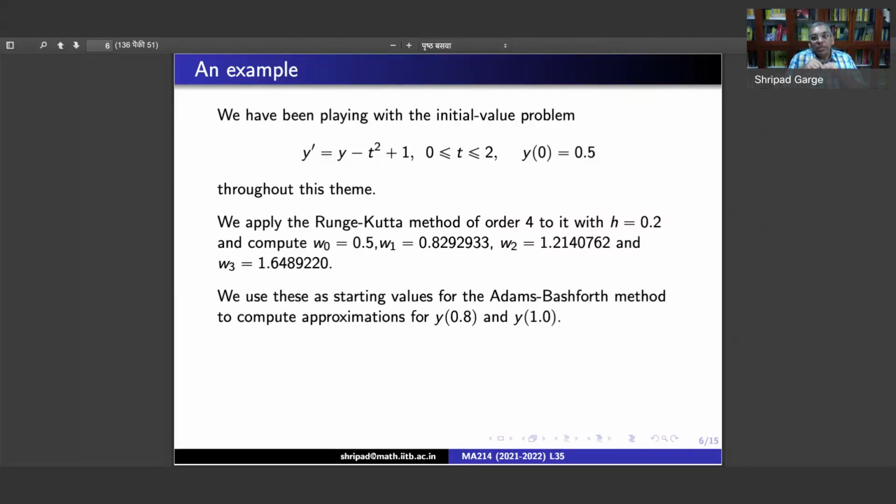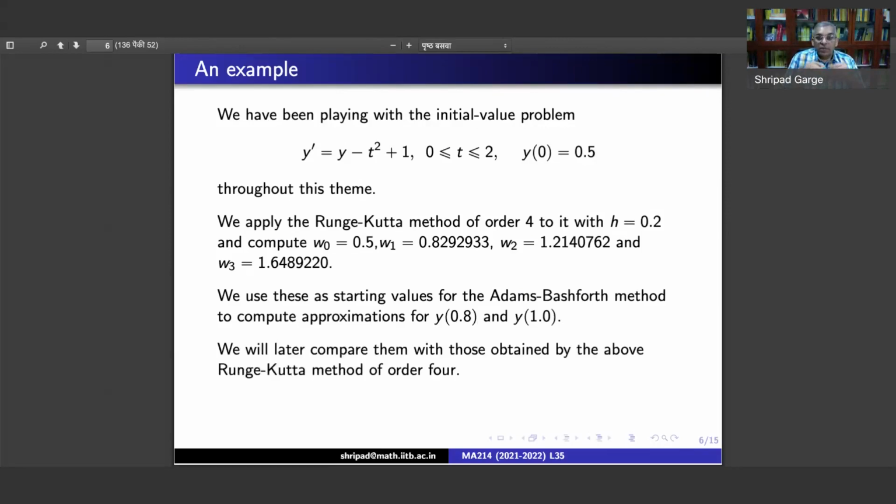Having computed W4, we want to compute W5, which is the approximation for y of 1.0, y of T5. For that W5, we will use W1, W2, W3, W4. Only the 4 previous values will be used, so the initial value given to us will not be used when we compute y of 1.0.